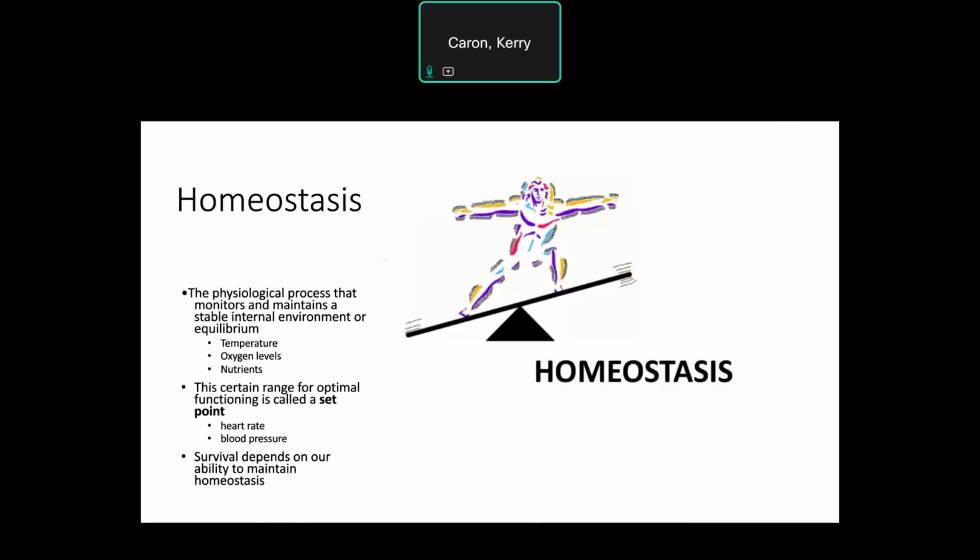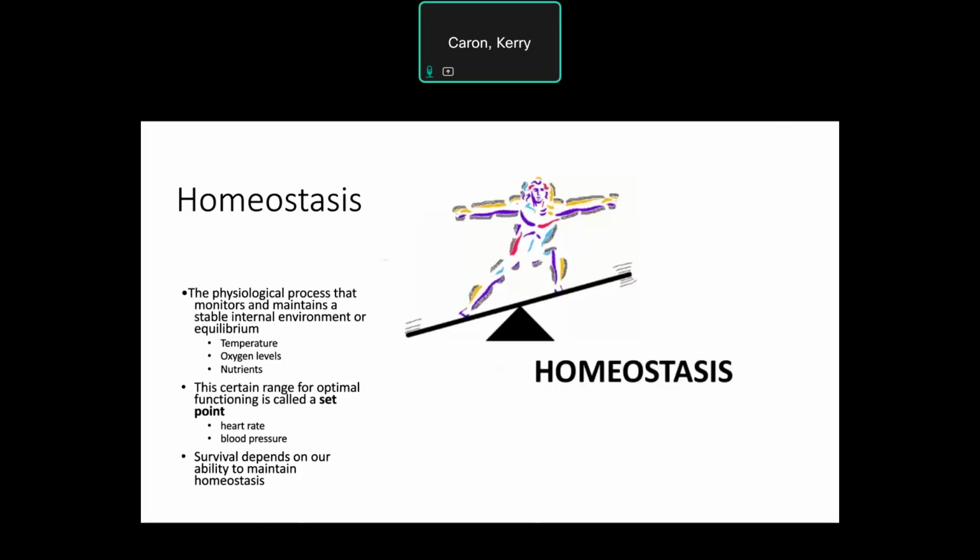Okay, last but not least, we are talking about homeostasis, and that is the main theme of the course. Every human body has a set point. We have a set point for things like temperature, oxygen level, pH, heart rate, and blood pressure. Those are the normals.